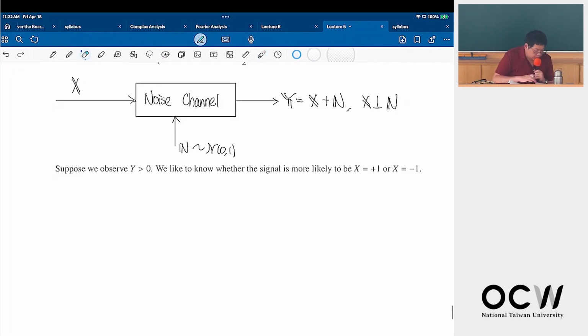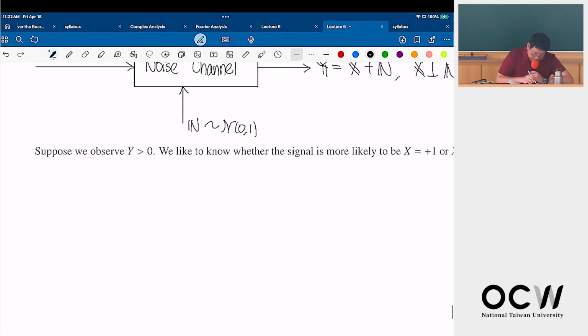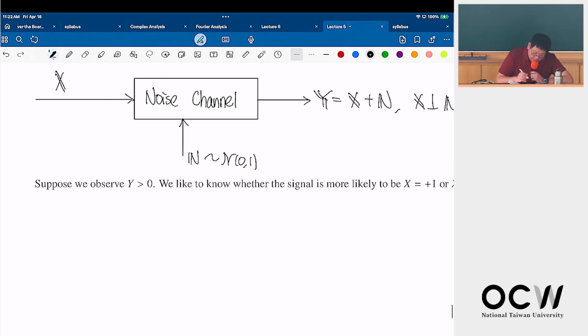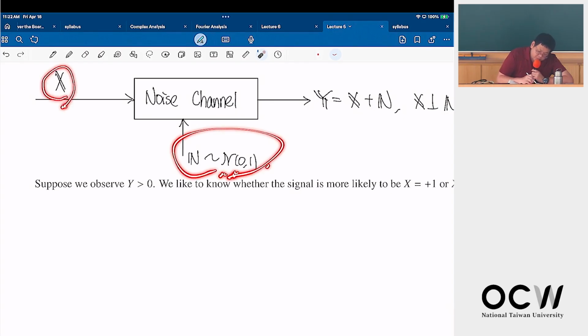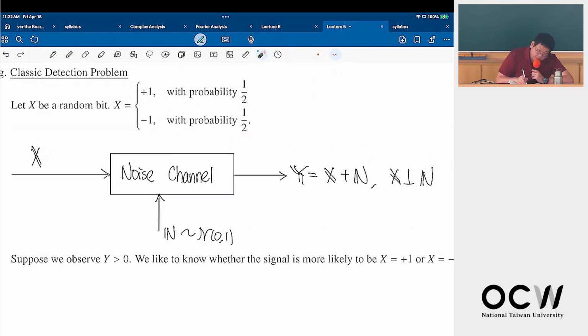So here first we should know noise n is Gaussian, but x, I don't know. X is just, we don't say that they are uniformly distributed.